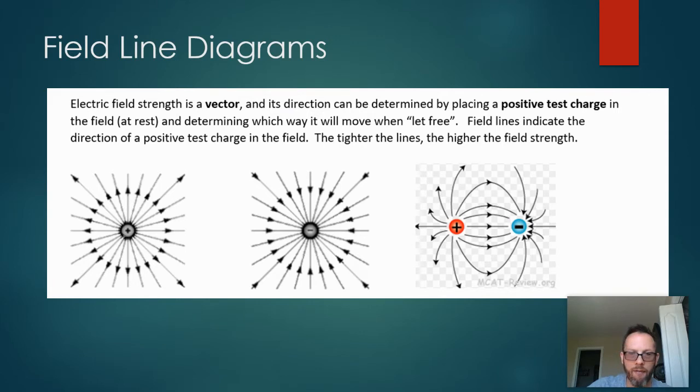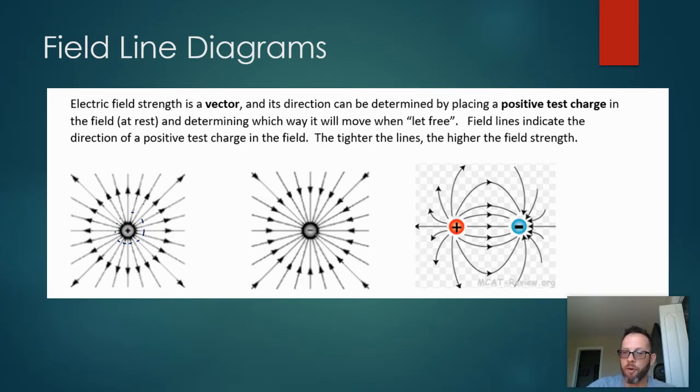So if we have a positive charge setting up an electric field, a positive charge anywhere is going to be repelled, right? And that's why in the case of a positive point charge, the electric field lines are pointing outwards. And remember that the more tightly clustered the field lines are, the stronger the field strength, right? And we know that from Coulomb's law, the farther away you get, the lower the electric force. So this diagram makes perfect sense.